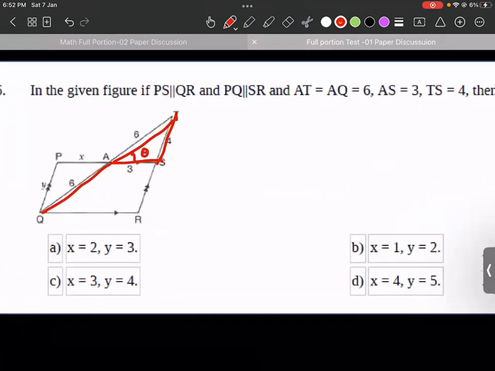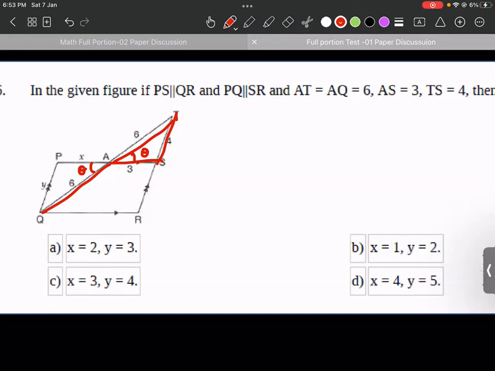If I take this angle to be theta, this will also be theta. I proved the similarity. That is right. Which two triangles are similar? That is what you need to tell. I used TQ as common, triangle TAS and triangle TQR I took, sir.